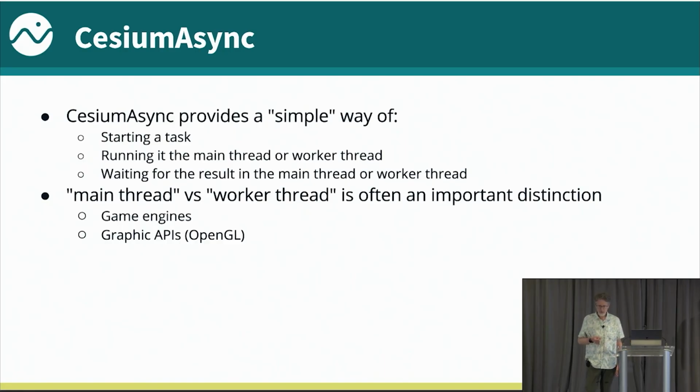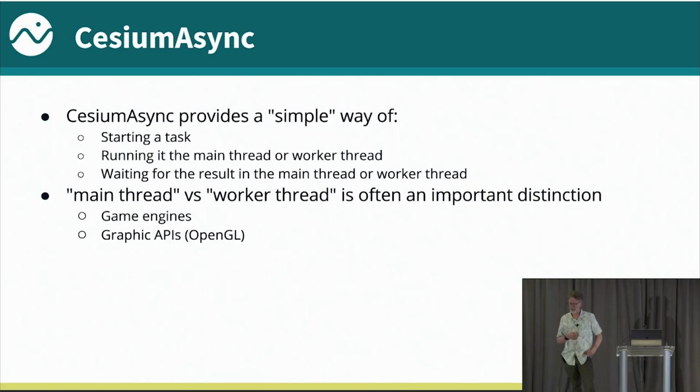The Cesium async library provides several functions for dealing with this asynchronous task and dealing with a bunch of them in parallel. You start a task, and it can run in one of several different threads. I say main thread or worker thread.